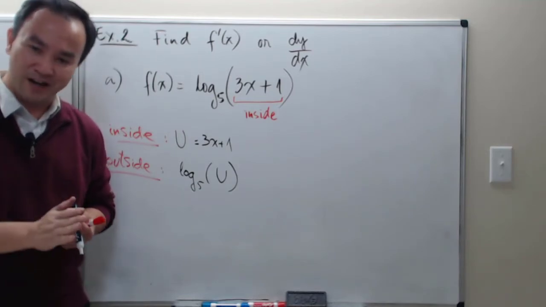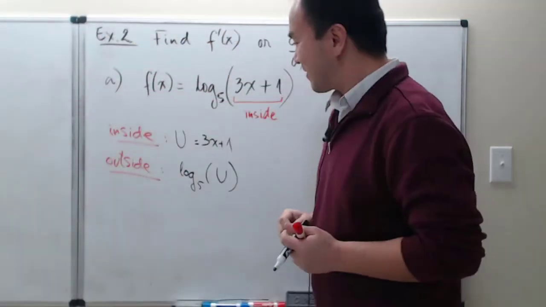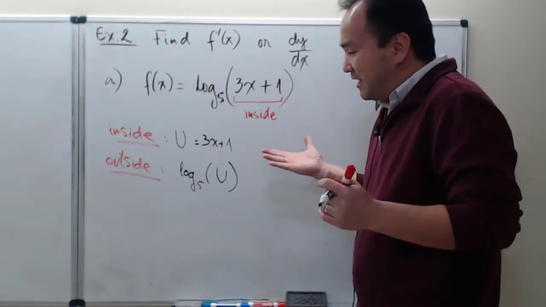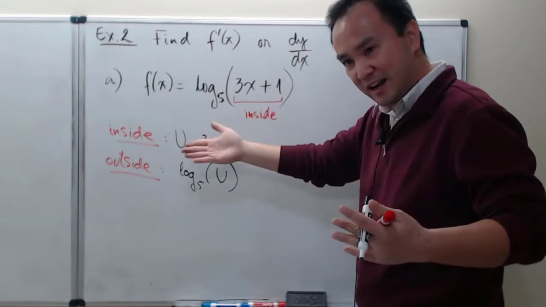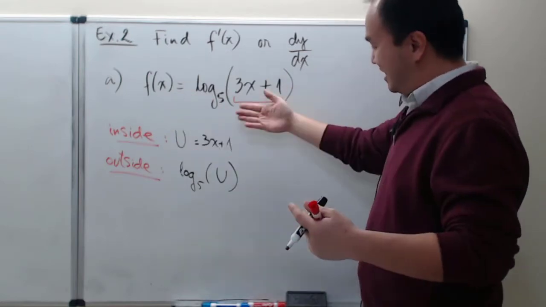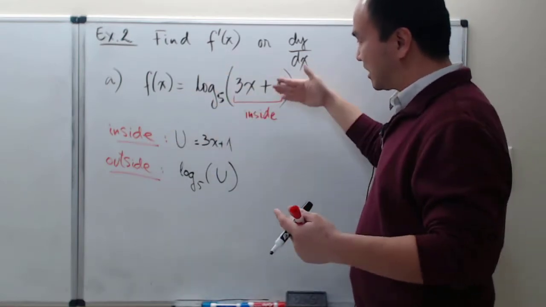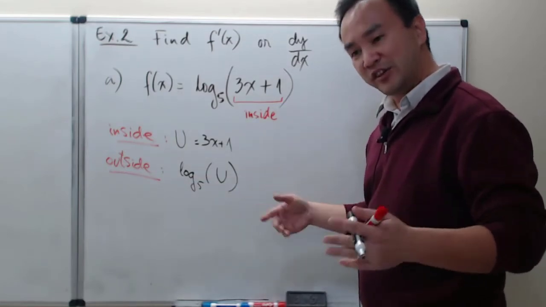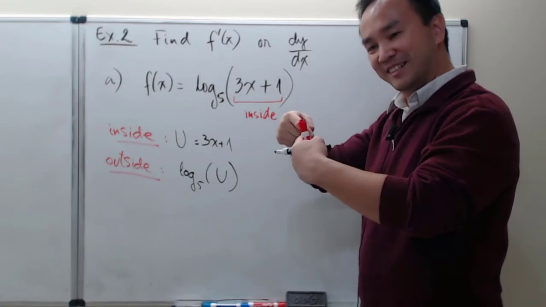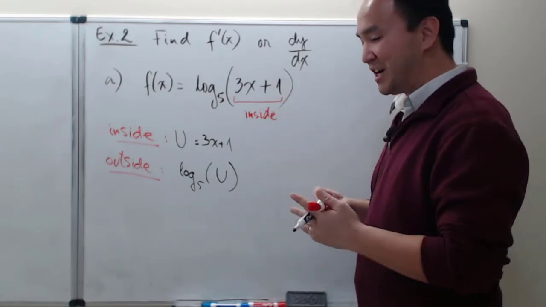We're about to apply the chain rule for these problems. Anytime you recognize that you can take some expression and assign it as some inside variable, what's left over is called the outside. Then you are about to use the chain rule. The chain rule chains the inside and the outside derivatives together.